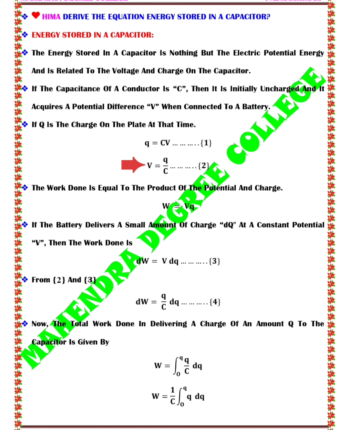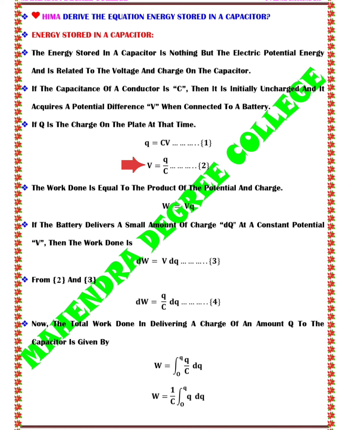Specifically, it defines voltage as the ratio of the charge stored to the capacitance, where V represents voltage across the capacitor measured in volts, Q represents charge stored on the capacitor measured in coulombs, and C represents capacitance of the capacitor measured in farads.